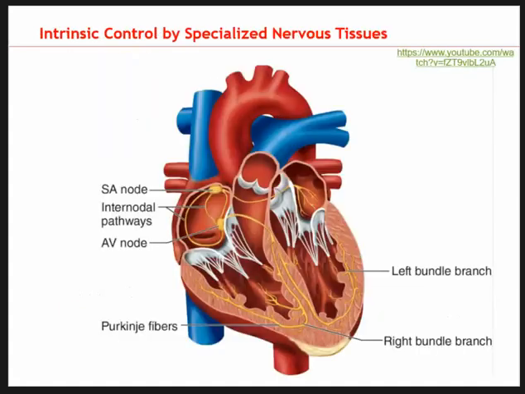The next slide will show the pathway, and then we'll watch a little video. So our SA node up here has control over both these top atria. The SA node determines the discharge rate, and it sends the signal to the AV node.